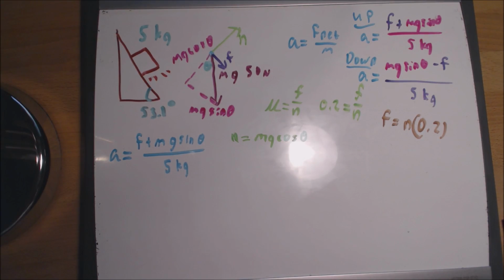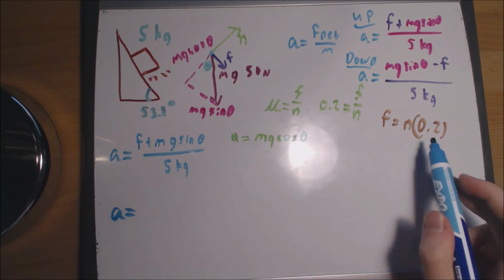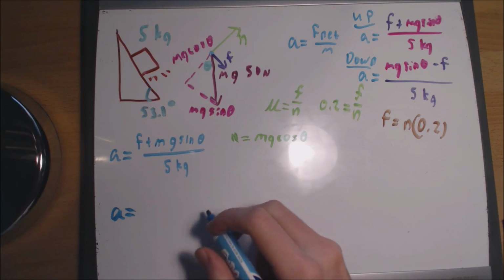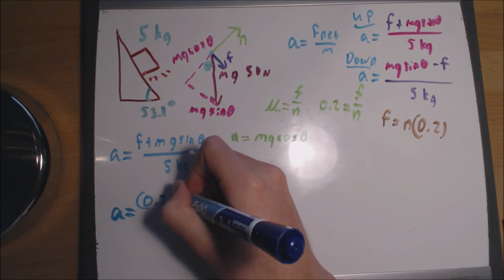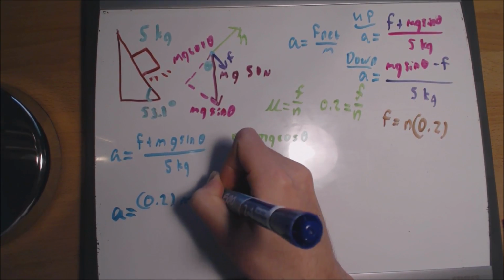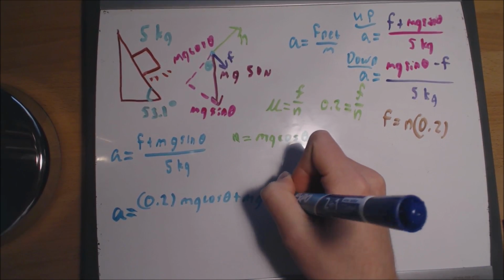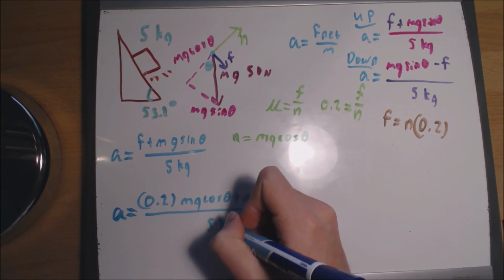So we got to rewrite this with our new information. We know that F is going to be N times 0.2, and we know that N is mg cosine theta. So we'll write it out as 0.2 times mg cosine theta plus the mg sine theta, all over our 5 kilograms.